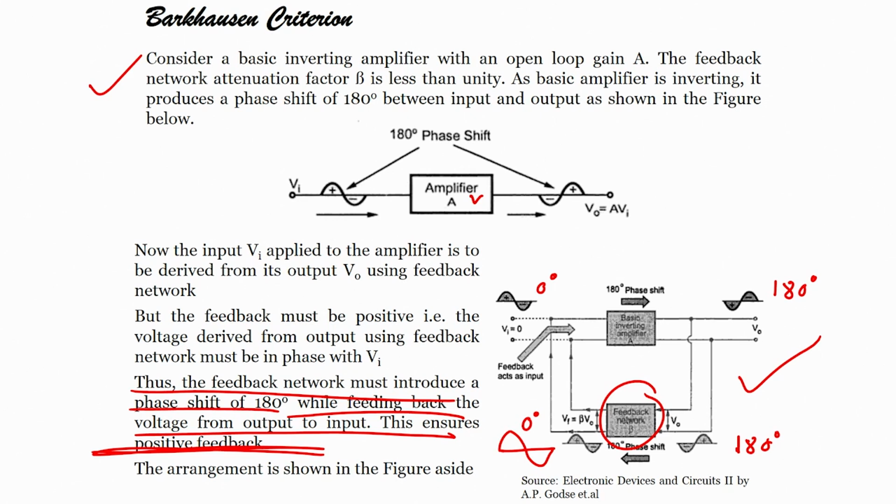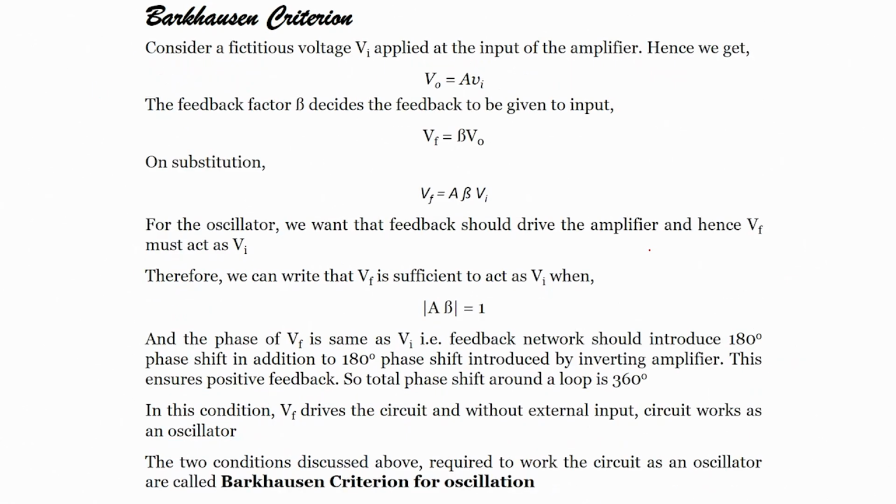So, first thing we understood: inverting amplifier, then we have to use a feedback network which can introduce 180 degree phase shift. Now, considering a fixed voltage Vi applied at the input of the amplifier, what we get is Vo equals A times Vi. The feedback network beta decides the feedback given to the input.